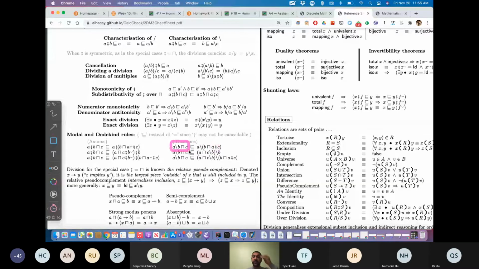Okay, for numbers, multiplication is cancelable, right? When you have a times x and a times y, you can cancel out the a's for non-zero a to get x equals y. But in general, multiplication might not be cancelable, right? So if your multiplication is 'and' and you say p and false equals q and false, well, that's true.